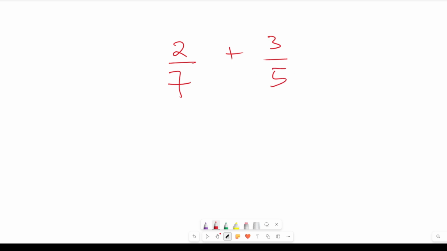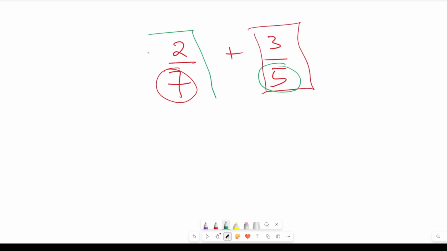We can either use equivalent fractions to do this, or what we need to bear in mind is that the denominators are not simple factors or multiples of each other. So we will essentially create an equivalent fraction by using this denominator to multiply that bit, and then using this denominator to multiply that bit.